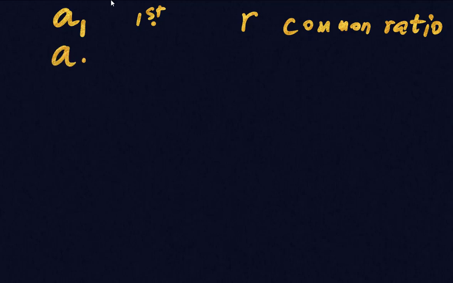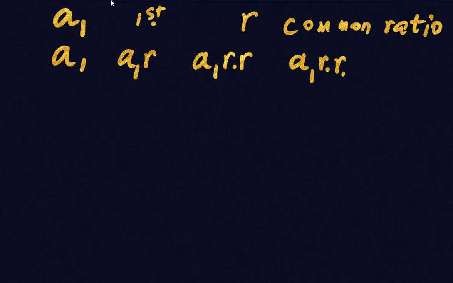So in a geometric progression, the first term is called A1, and R is the common ratio. As you can see, if we have the terms, the first term will be A1, the second term will be A1 times the common ratio, and the third term will be A1 times the common ratio, and so on.